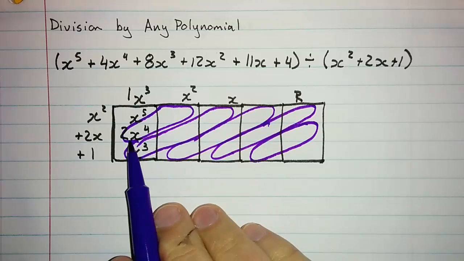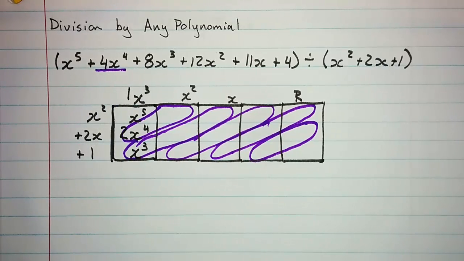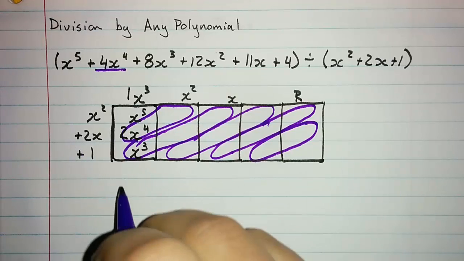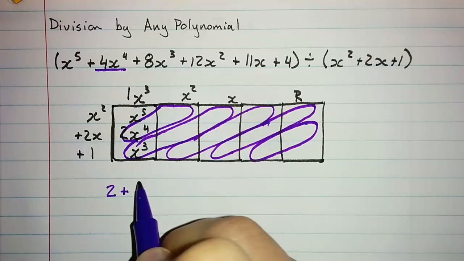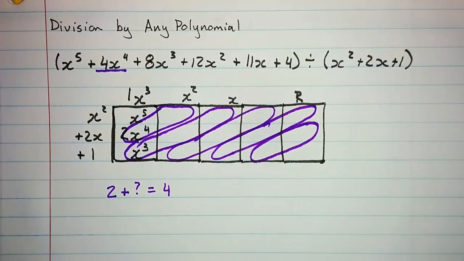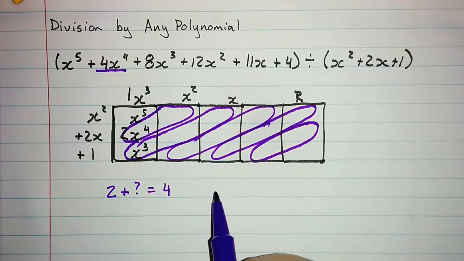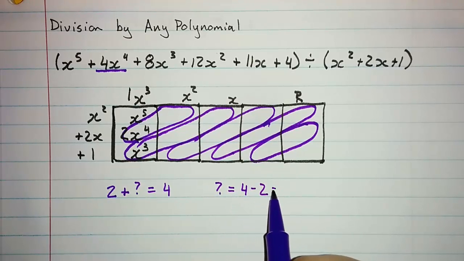Now from these 2 boxes, we're looking to get 4x to the 4th. So we want 2 plus whatever this number is to give us 4. 2 plus what is 4? 2 plus 2 is 4. All right, we'll take 4 minus 2 and get 2.